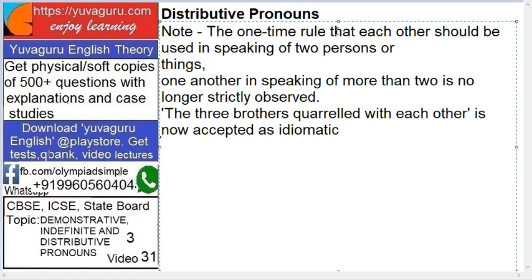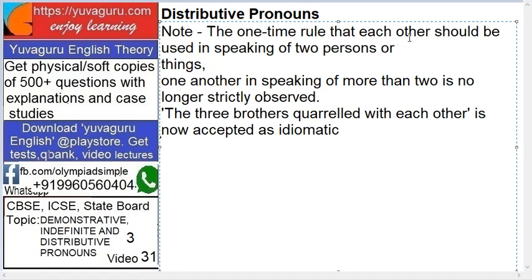One important point to note is how English has changed nowadays. The one-time rule is that each other should be used in speaking of two persons or things. When you are speaking of only two, then we should use each other. But if you are speaking of more than two, then one another should be used. But nowadays one another is rarely used.